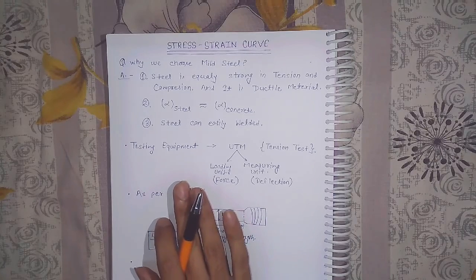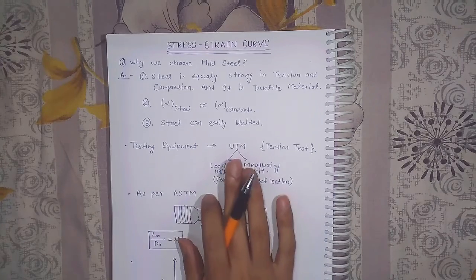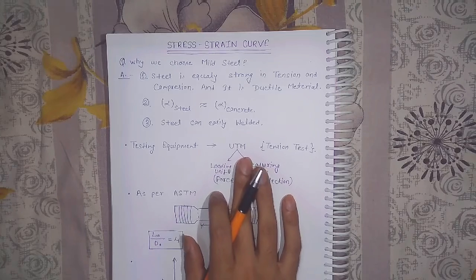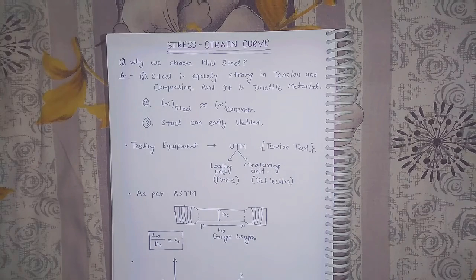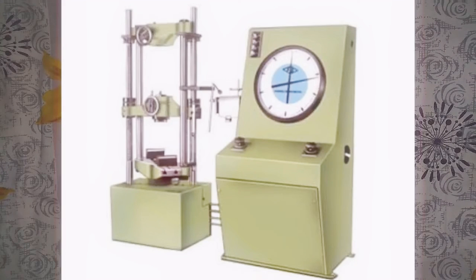The testing equipment used is the UTM, Universal Testing Machine. It has the name universal because of its universal use. It can be used for a bond test, tension test, compression test, bearing test, shear test, and so on.